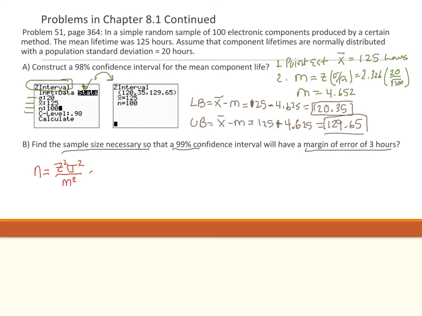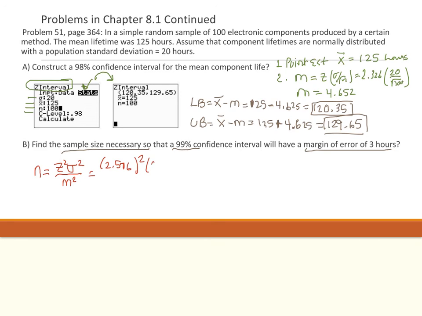In this case, we look up the 99% confidence interval information for z. We get a z value in this particular case of 2.576. We square that.